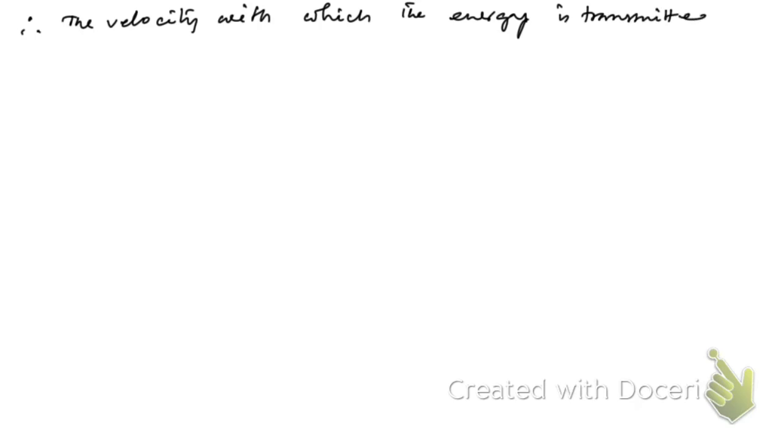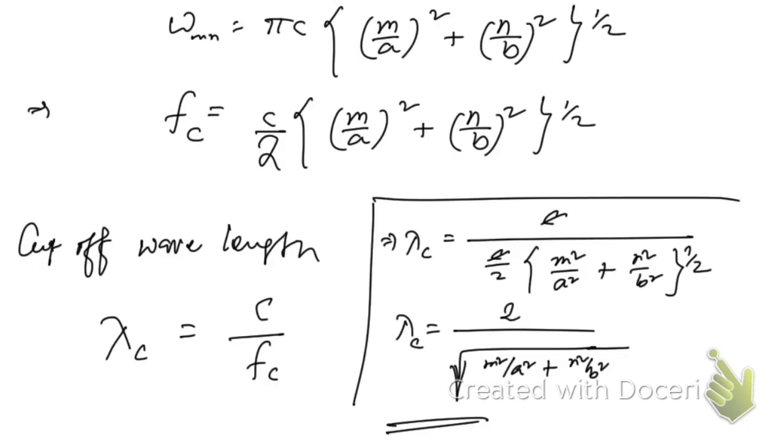Therefore the velocity with which the energy is transmitted is Vg equal to d omega by dkg.